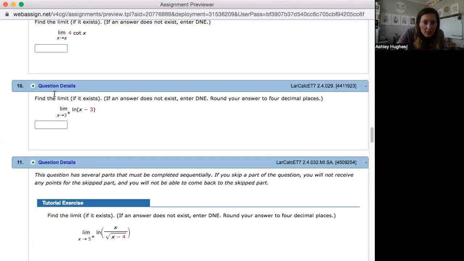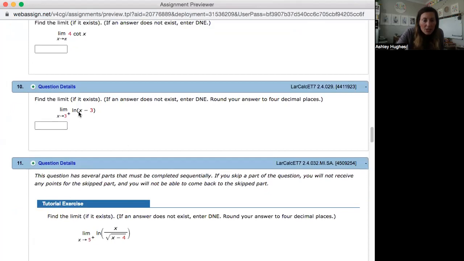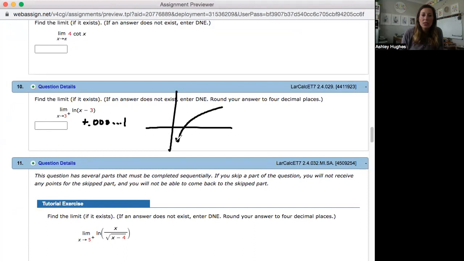Let's move down. If I plug in 3, you get natural log of 0, which does not exist. So you have to plug in something close to 3 from the right. This is going to be a number that's close to 0, but a positive, really small number. And so if you look, natural log is like this. The natural log of x minus 3 has just been shifted right 3. So this is at 1.